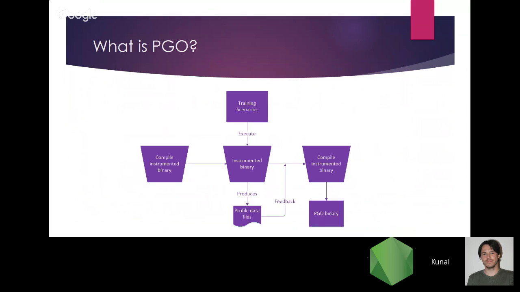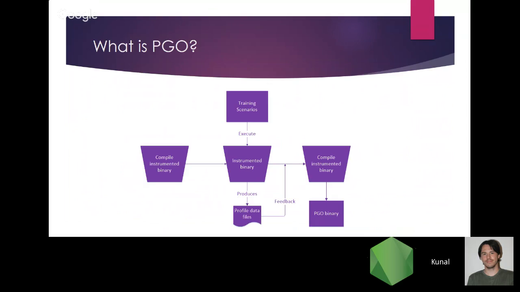Once you have the instrumented binary compiled, you run through the training scenarios, and the instrumented binary records all that information and dumps it into some profile data files. Once your training scenarios are done, you take those profile data files and the instrumented binary, and then recompile the binary to get the optimized binary.